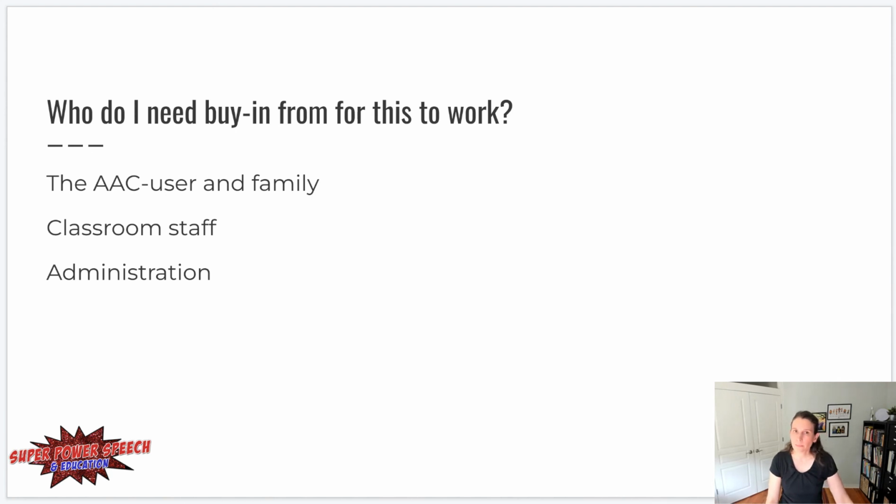Who do I need buy-in from for this to work? Well, first of all, you definitely have to have buy-in from the AAC user and family. I have always gotten permission from the family before I started this, especially because I'm going to be pointing out some of the differences that this child has, and not all families feel comfortable with having that pointed out within the classroom.